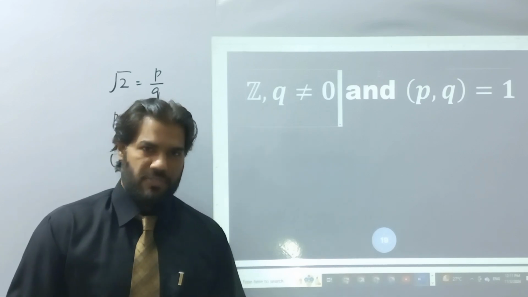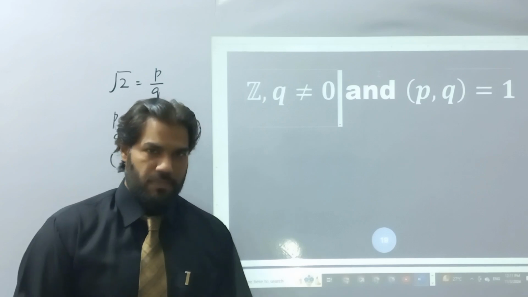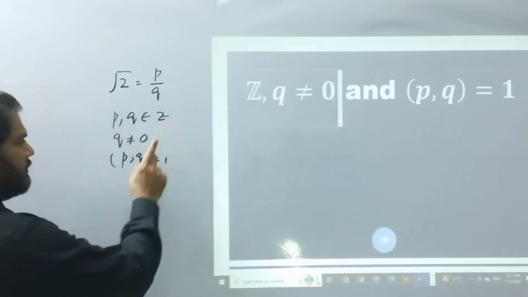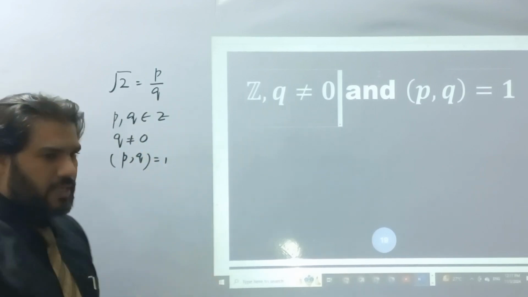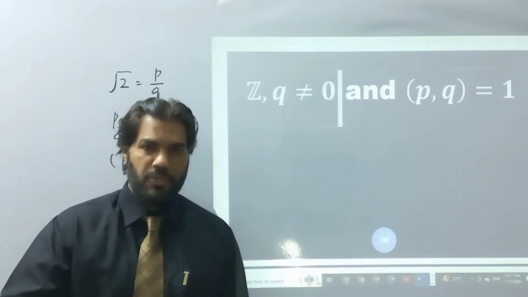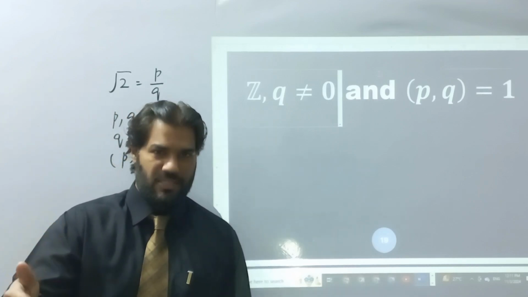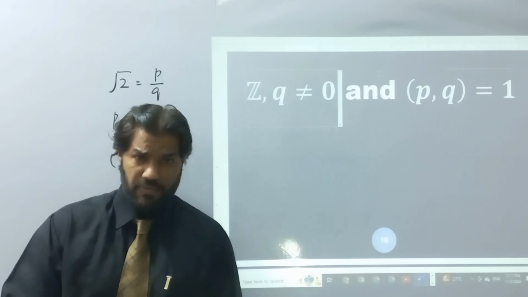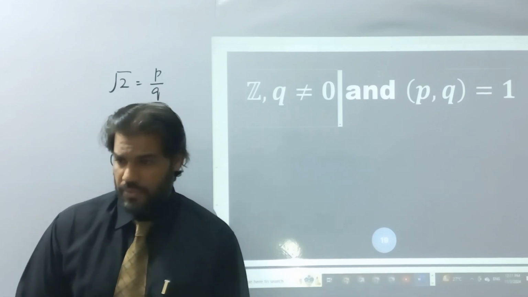So this is our strategy that will lead to the contradiction. At the start, we suppose they have no common factor other than 1. At the end, we will show that p and q are both multiples of some number, meaning they have some common factor other than 1. This is our strategy throughout the lecture.